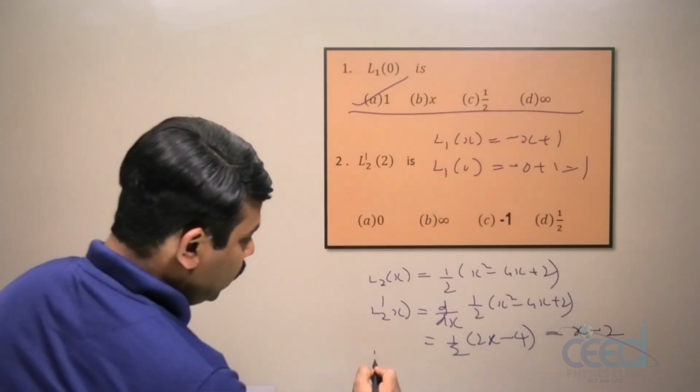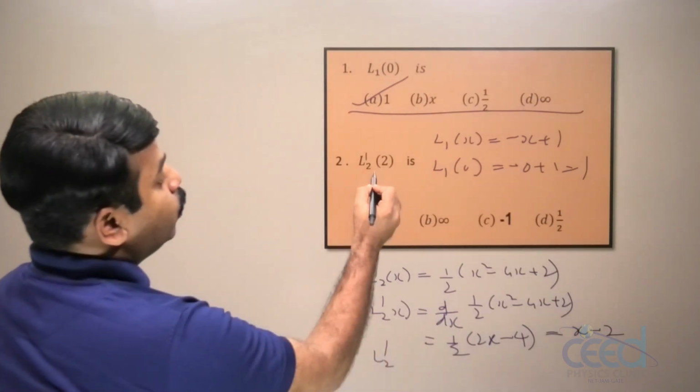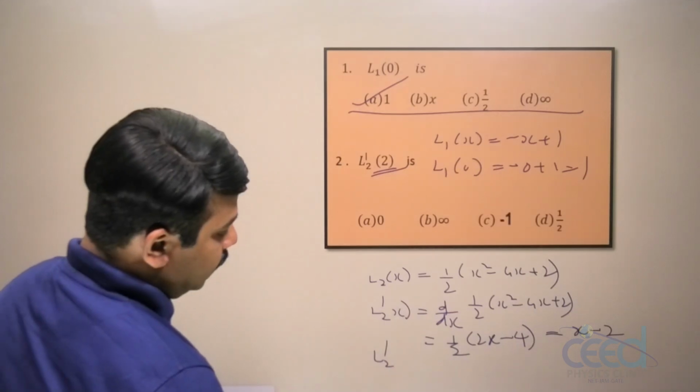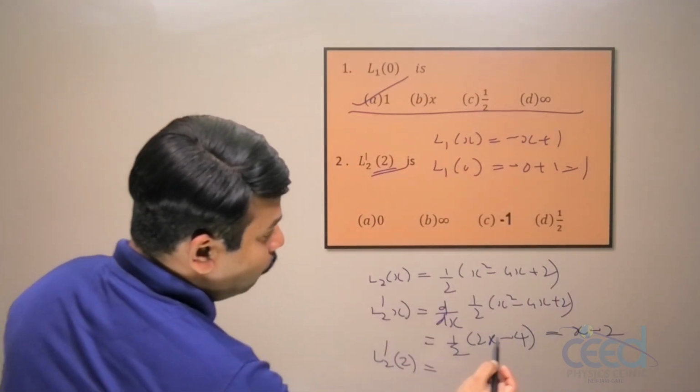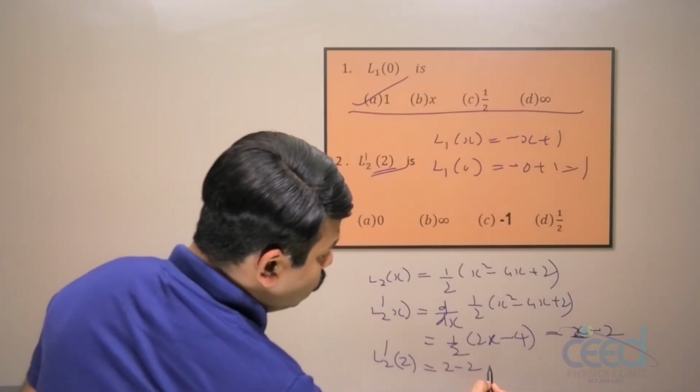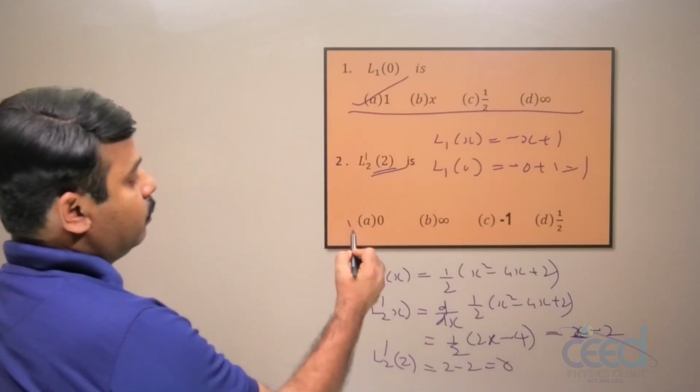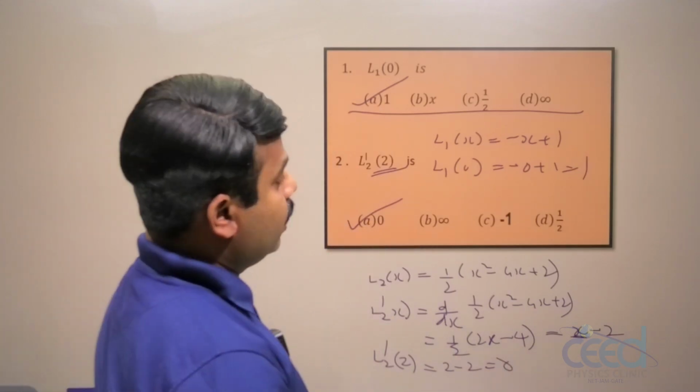Now L2 dash of 2 they are asking, so put x equal to 2. Then 2 minus 2 is 0. This also is option A.